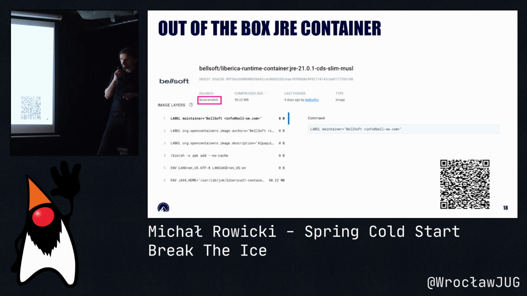Okay, we talked about how to accelerate the startup time by shrinking the JVM. Another issue is architecture. How many of you are using AMD64 architecture in production? Yeah, quite a lot.